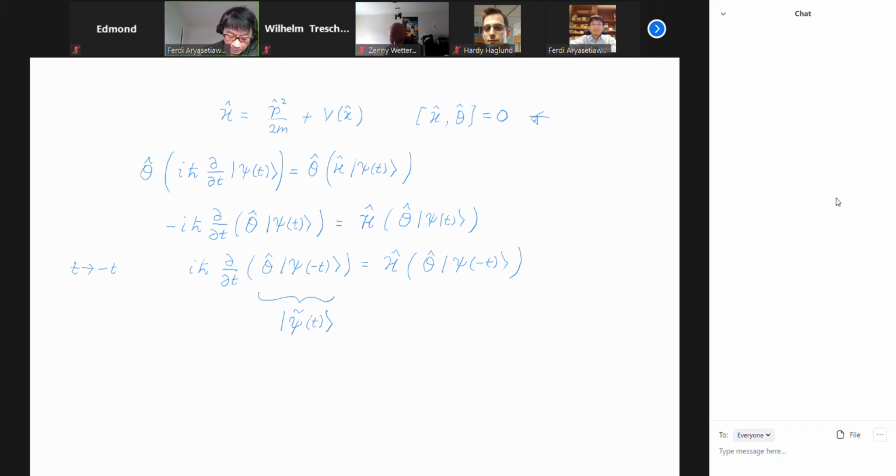So if psi of t is a solution to the Schrodinger equation, then psi tilde, defined to be theta psi of minus t, is also a solution to the Schrodinger equation. So you can see that it's not just a matter of changing the time. We need to operate on the state with a time reversal operator.